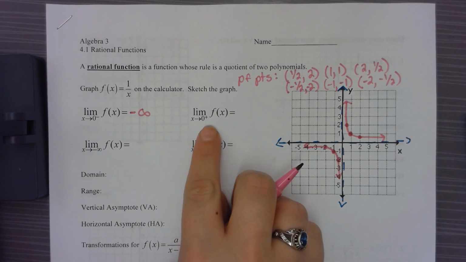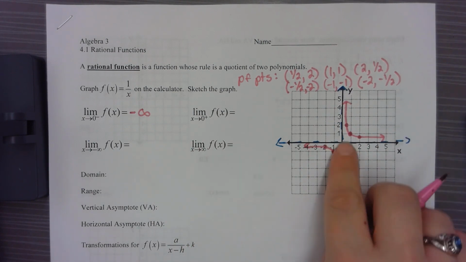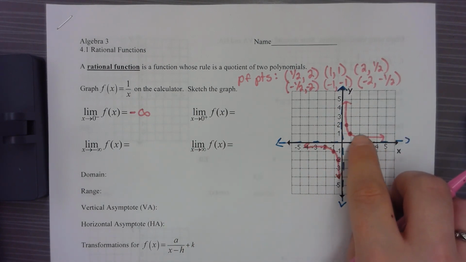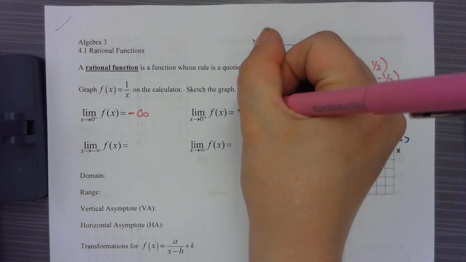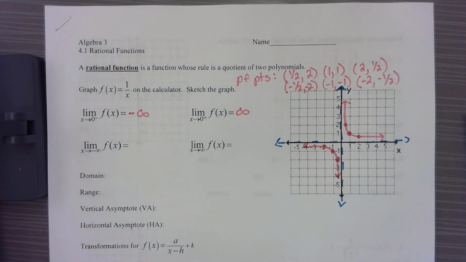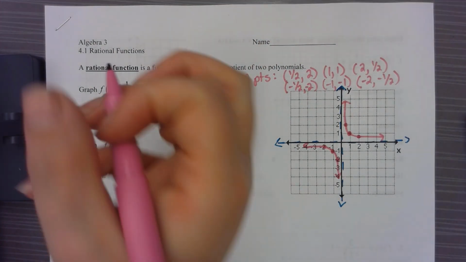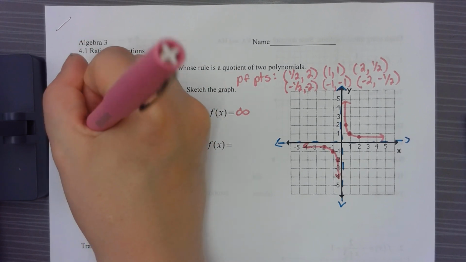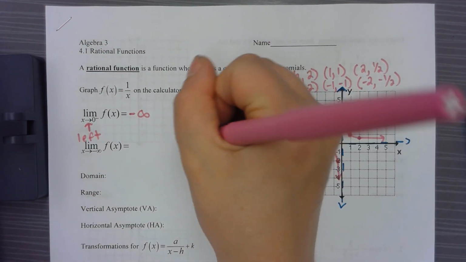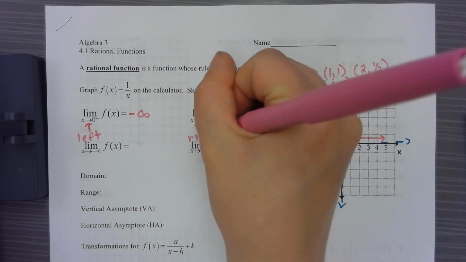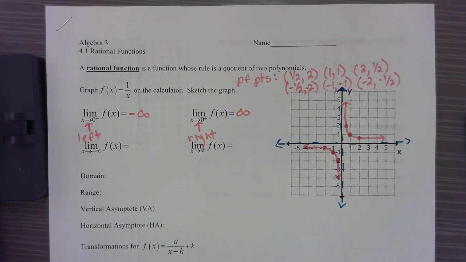And then as we approach that x value of 0 from the right side, our graph is going up. It's getting closer and closer to infinity because it's going to keep going up. Again, this one is referring to the left side as we get closer to 0, and this one is referring to the right side.